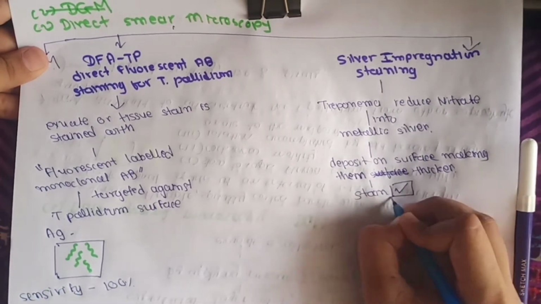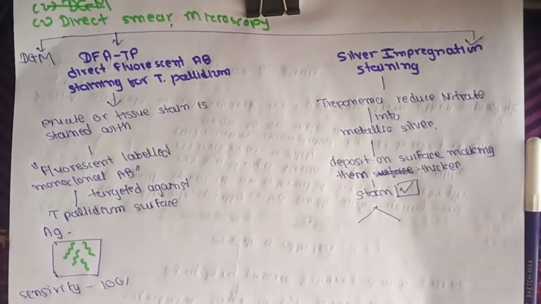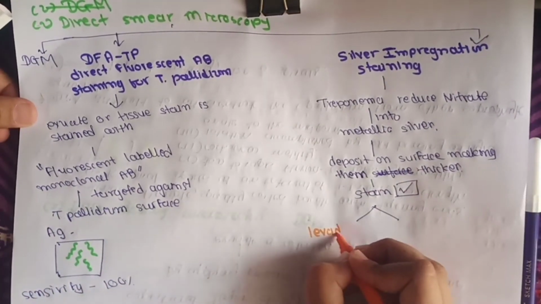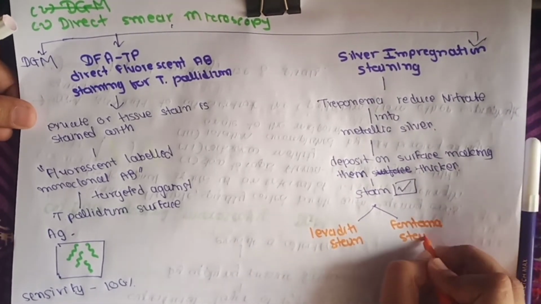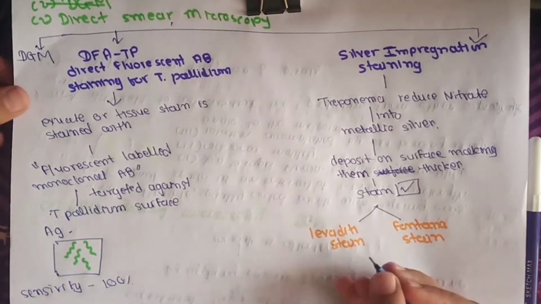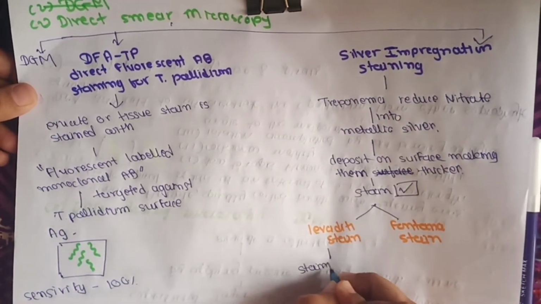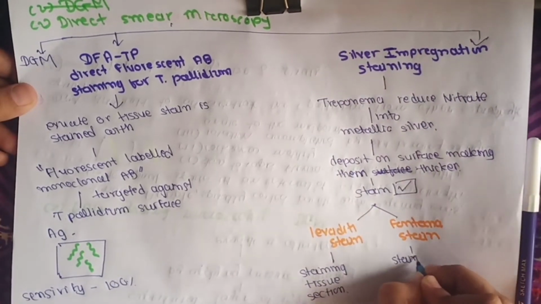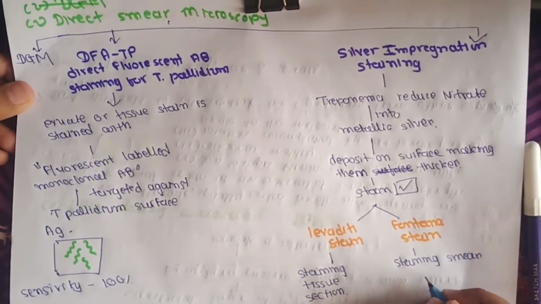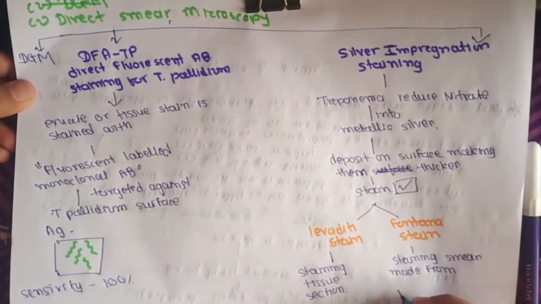Here two stains are important and used: Levaditi stain and Fontana stain. Levaditi stain is used for staining of tissue section and the Fontana stain is used for staining smears made from the exudates.